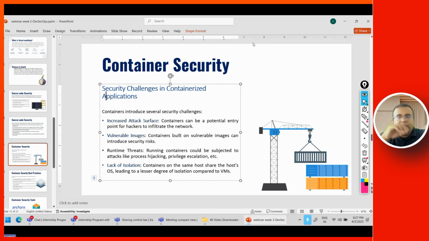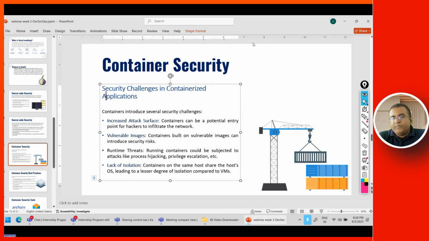This is a bit of a difficult attack, but still possible, because with virtual machines, unlike containers, there's complete isolation, right? Each has its own operating system and everything. Containers, at the heart of it, are basically process isolation, and all the containers share the same operating system.